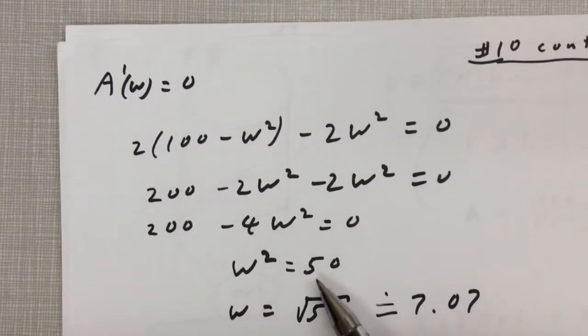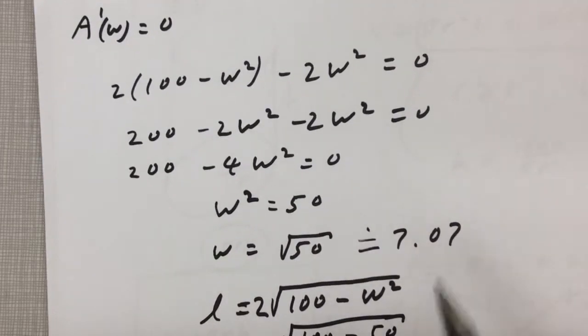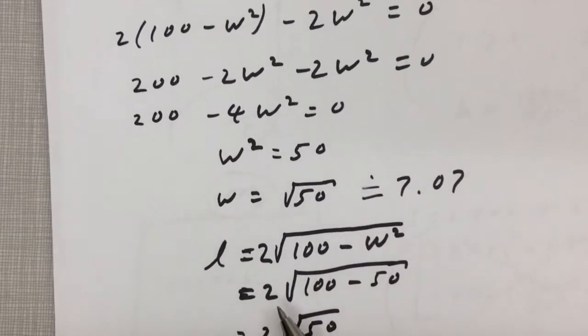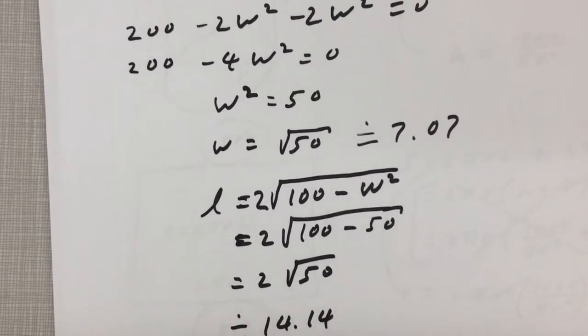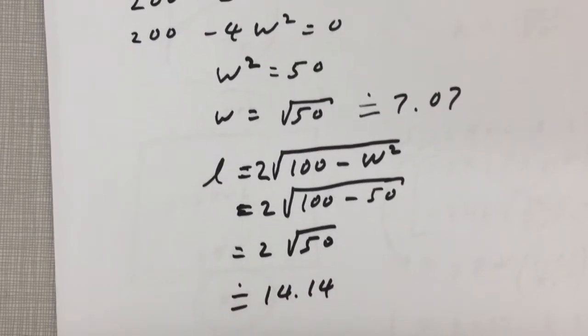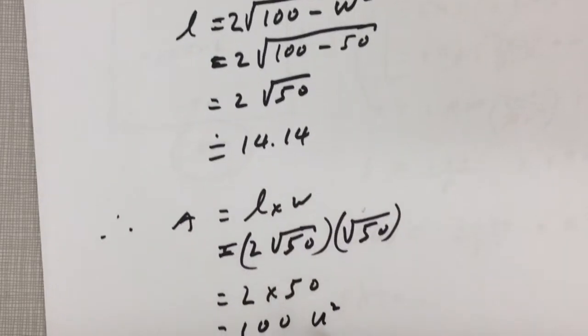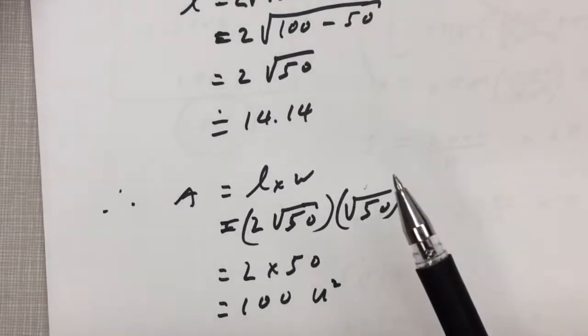At this point, you get W squared equals 50, so W equals square root of 50, which is 7.07. But if we sub that back in, using exact values, we can get the length. Then it's looking for the area, so we multiply those two to get the area, which is 100 square units. And that's it for that problem.